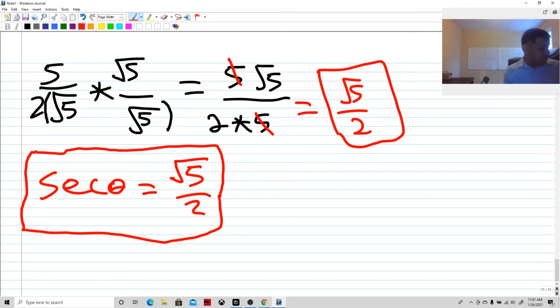Now let's do cotangent of theta, which is the last one.